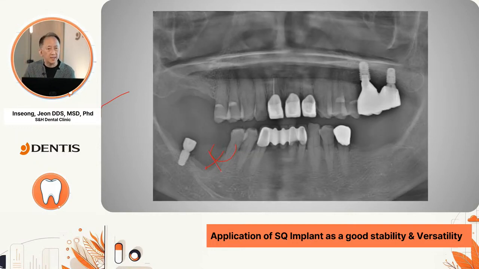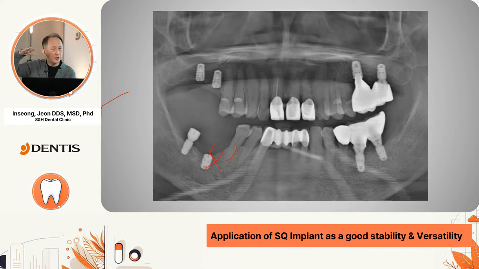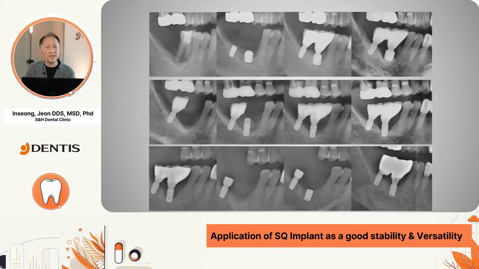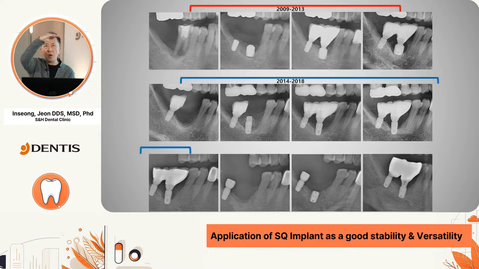What was the next step? Sometimes we have to place deeper without any GBL here. So finally, I tried deep placement with the SQ implant here. At this time, I changed my paradigm. Initially, level placement, and then in the second period, 1 millimeter deeper or much GBL or much vertical edge augmentation.